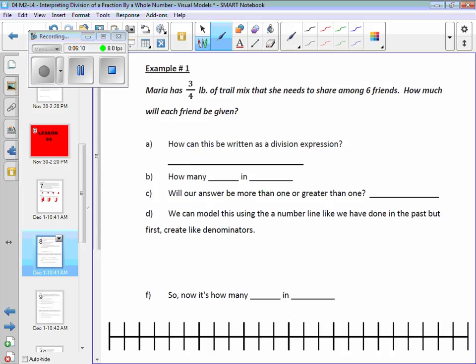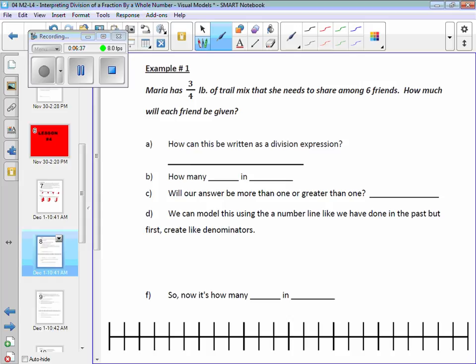So now that you kind of see it, how would you write it as a division problem? Is it 6 divided by 3/4, or is it 3/4 divided by 6? He's got 3/4 trail mix, whatever you want to call it, and he's got to share equally with these 6 friends.